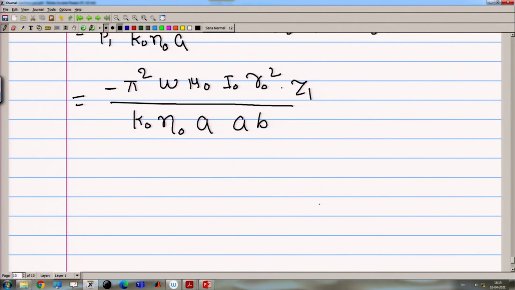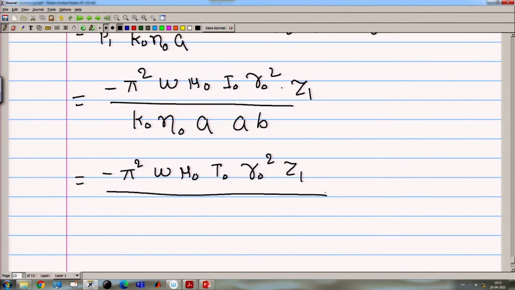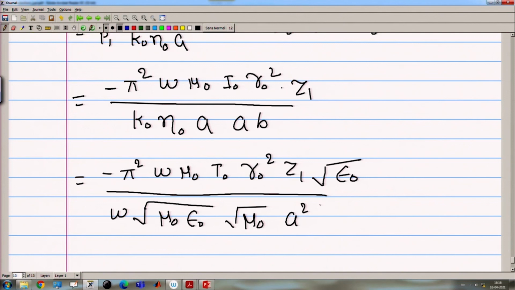Now, we can write this as minus of pi square omega mu naught I naught r naught whole square z 1, and in the denominator k naught will be omega square root of mu naught into epsilon naught, and this eta naught will be square root of mu naught into square root of epsilon naught into a square into b.